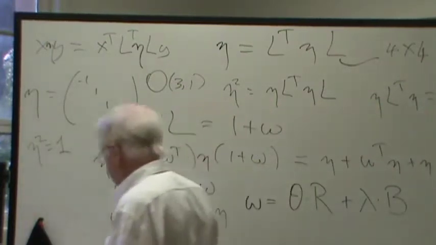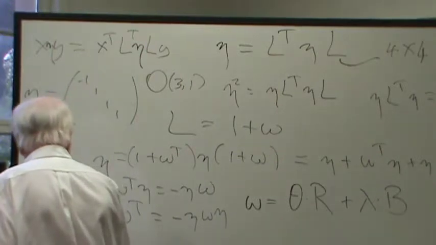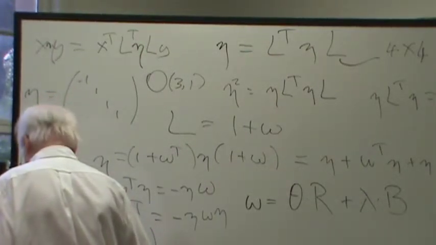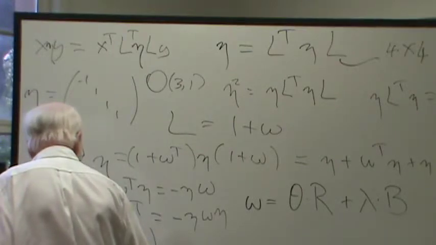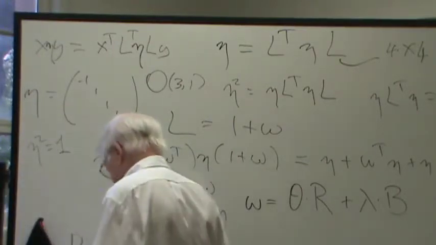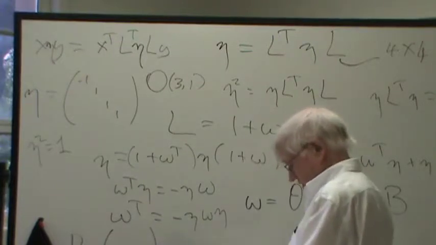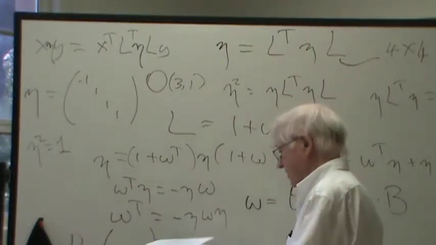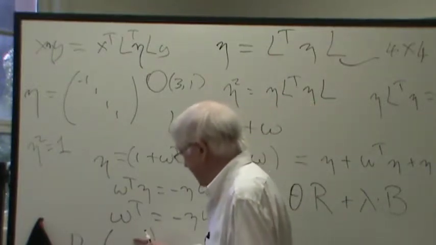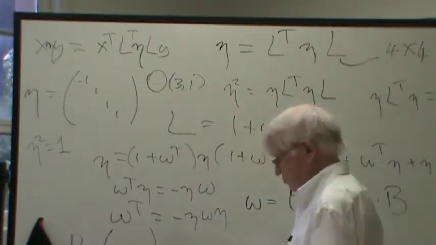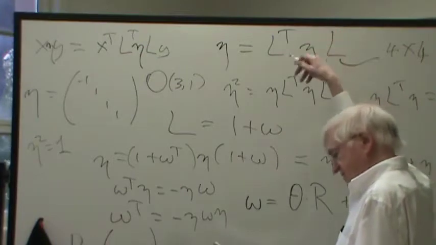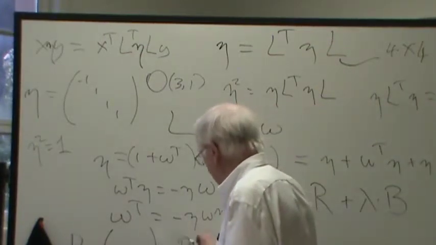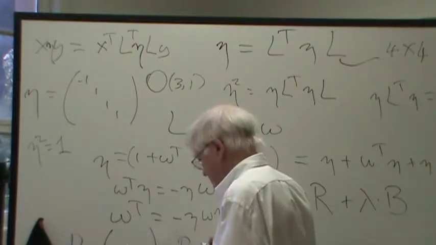And so let me write down what R1 is. R1 is all zeros, minus 1, 1, 0, and everybody else 0. The R2 and R3 are similar things where the bottom 3x3 matrices are just the omegas that I wrote down on Tuesday. On the other hand, the boosts are these.